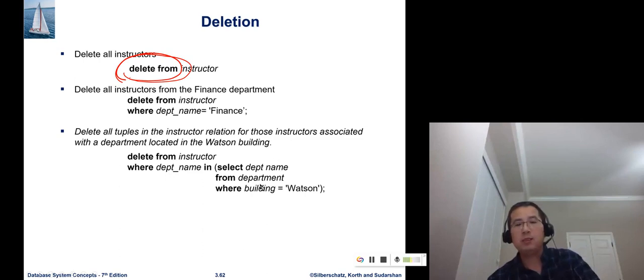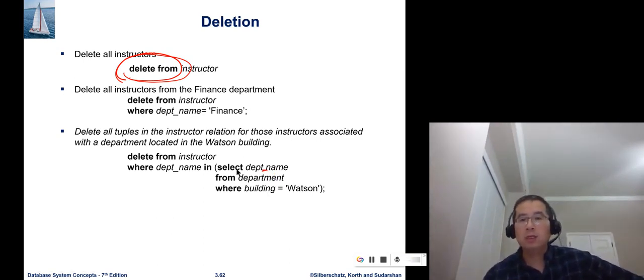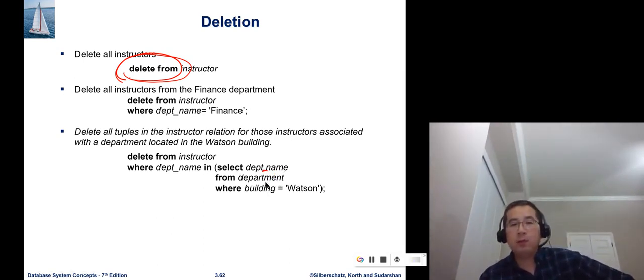So that means we find all the departments whose building is Watson. Select department_name from department where building equals Watson. All the departments which have a department building in the Watson.